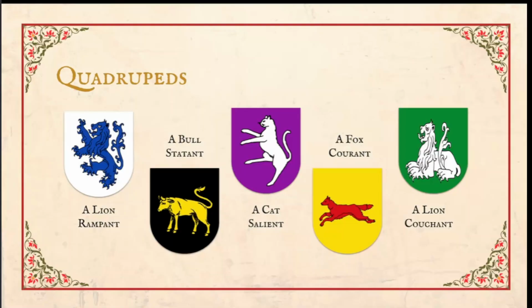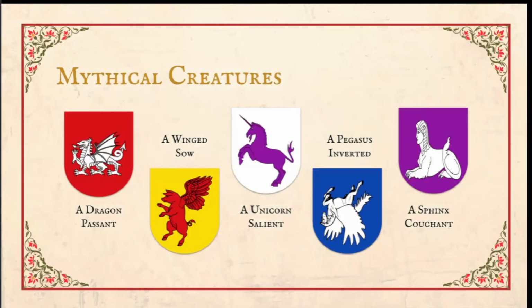So here's a handful of those. A lion rampant, a bull statant. Statant is standing on four legs. Salient is just kind of up like a good kitty. Rampant versus salient is tricky, but it's mostly just how high the arms are going. Courant means running. Couchant means sitting down. Very common for quadrupeds and mythical creatures is your passant. That's just kind of walking, but with one foot up because it's taking its next step.